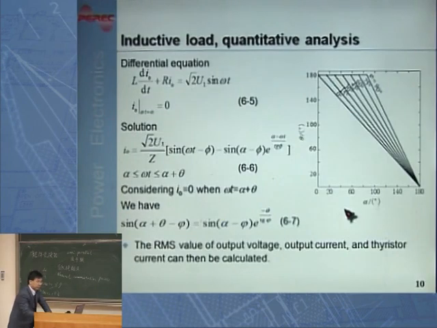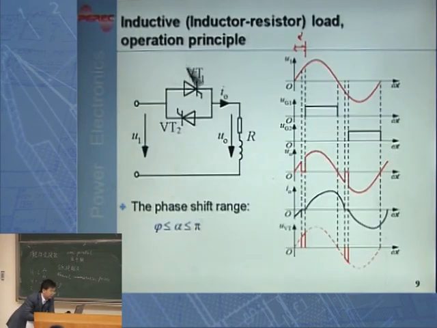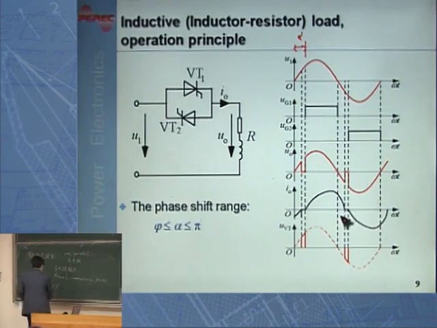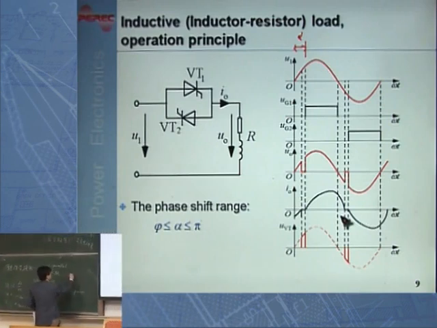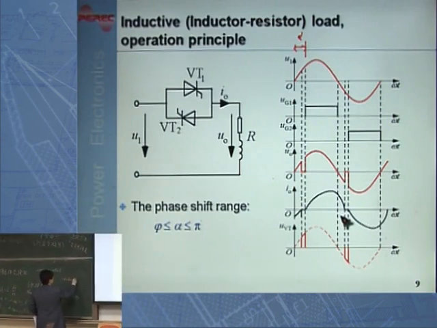Based on that ending condition, you can find out for how much time VT1 will be conducting. That means how long is this time interval counting from this instant to this instant. That's what we call conduction angle.